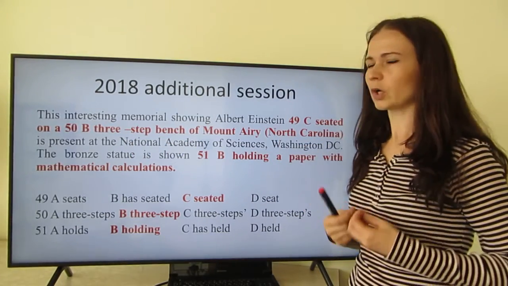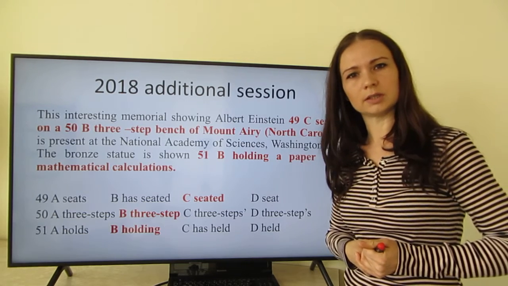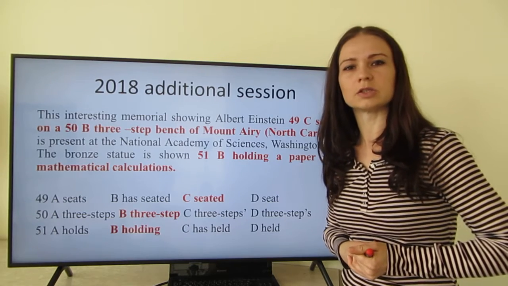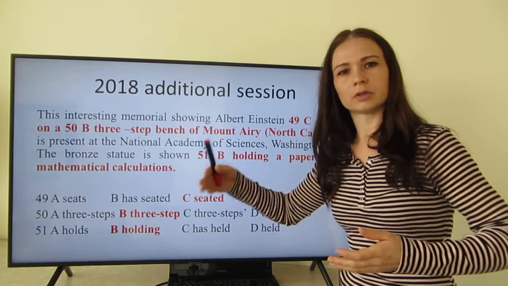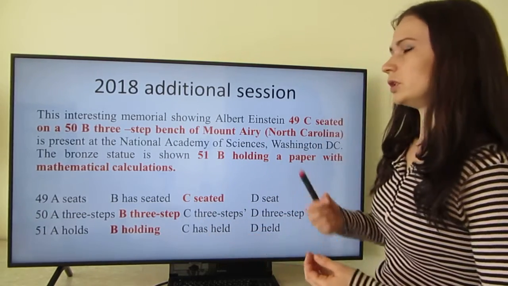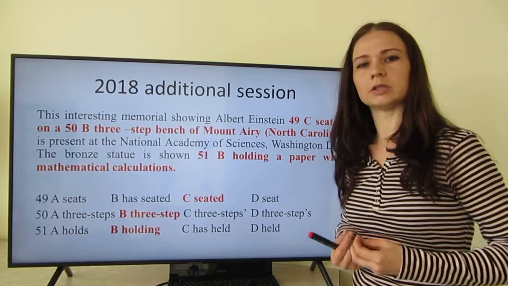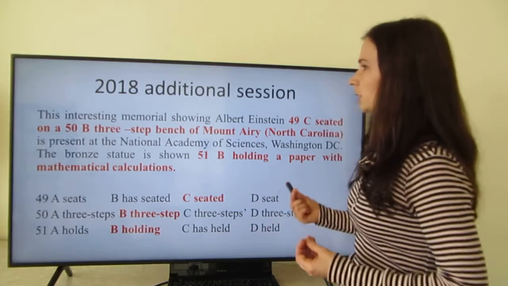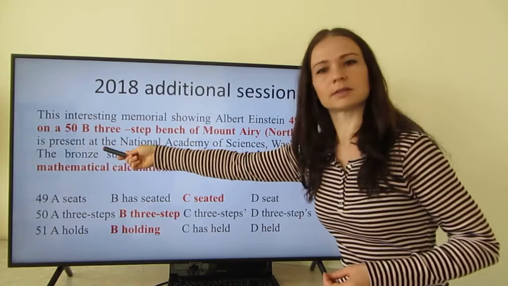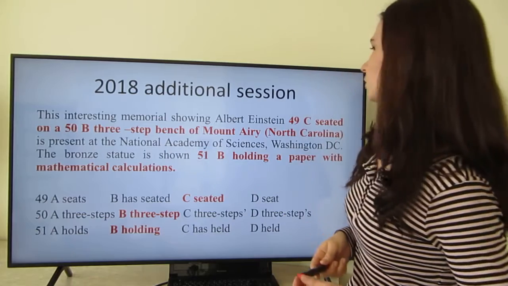In this case, always when you deal with clauses, you need to define where the main clause is. Because if we are talking about clauses, we mean that the sentence is complex. It consists of several clauses maybe, or at least 2 clauses. So we need to define where the main clause is, and then we will be able to deal with the subordinate clause. In this sentence, memorial is present. That's the main clause. It's the subject is present. Okay?